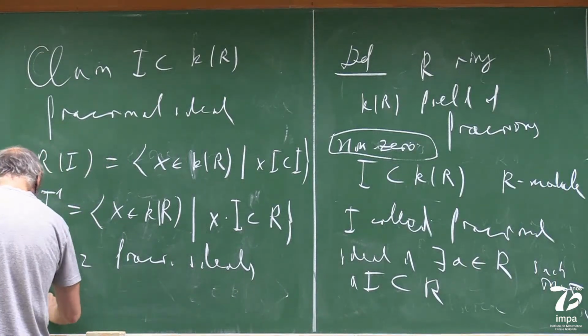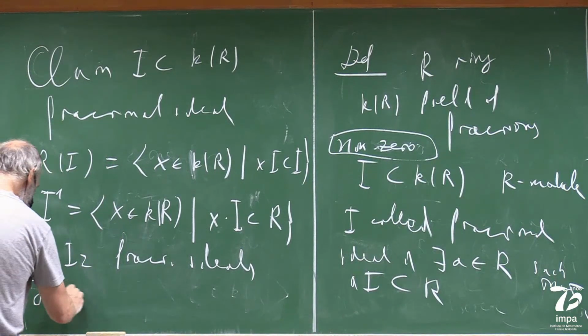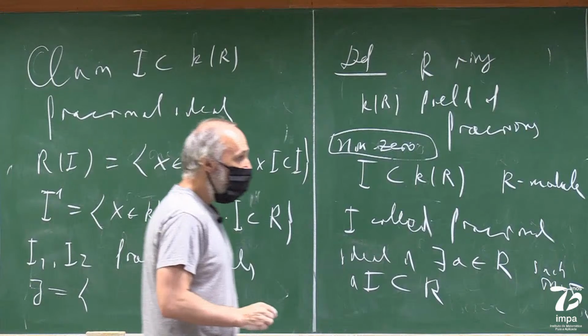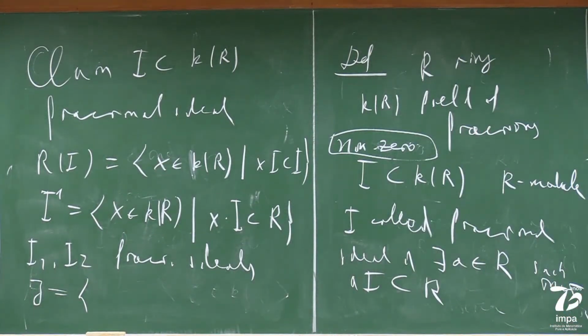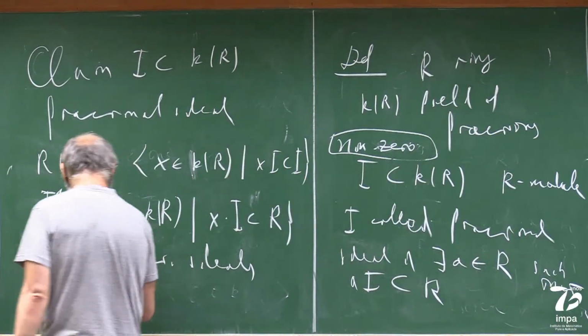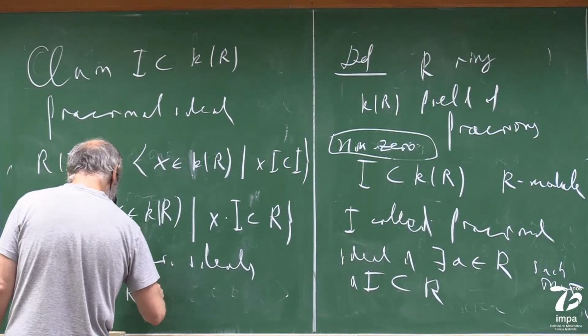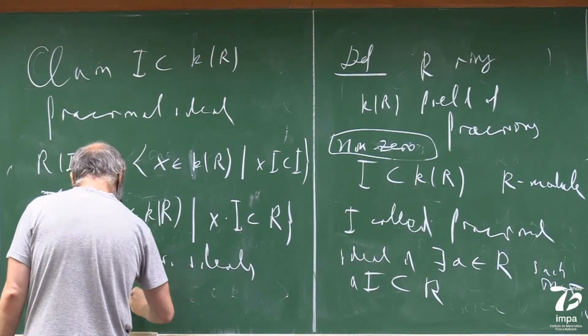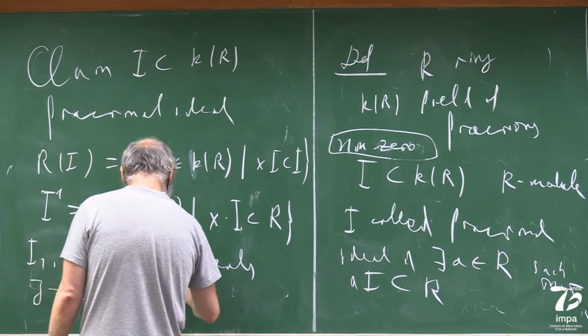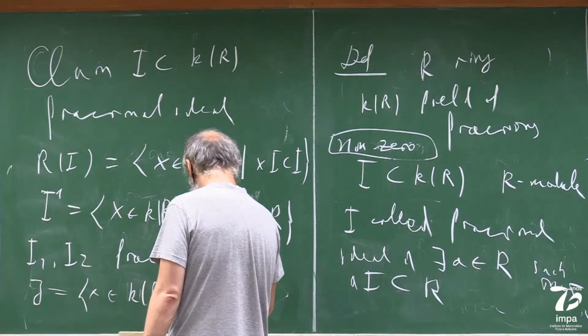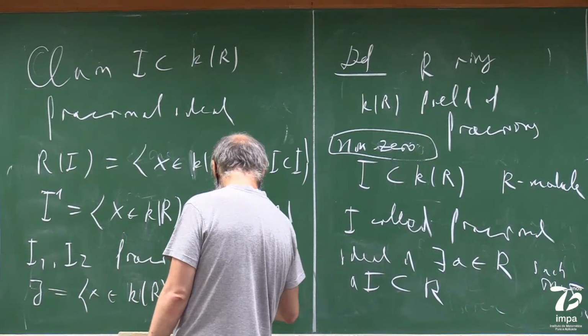And you define J, which is the set of all x in the fraction field, x in K of R, such that xI1 sits in I2.